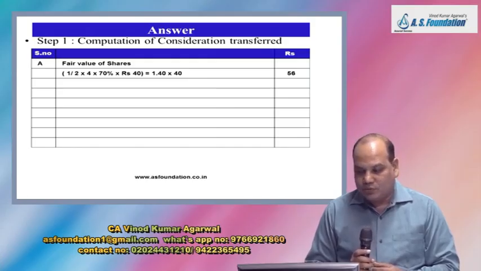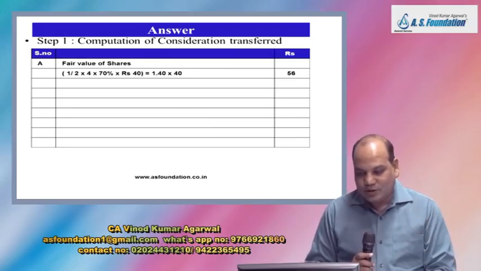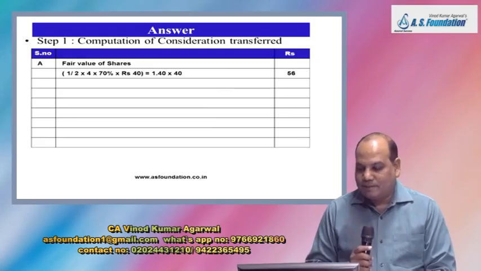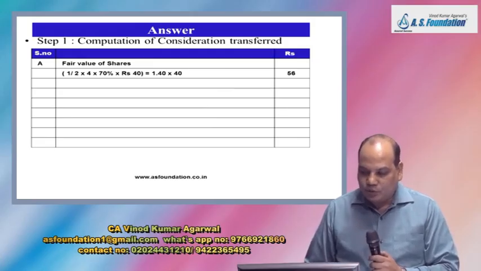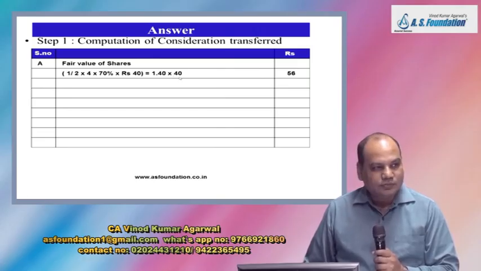Write this calculation which we discussed: 1/2 into 4 into 70% into rupees 40. So 1.4 lakh shares. Figures in rupees in lakhs, write down. Rupees in lakhs. 1.4 lakh shares into 40.